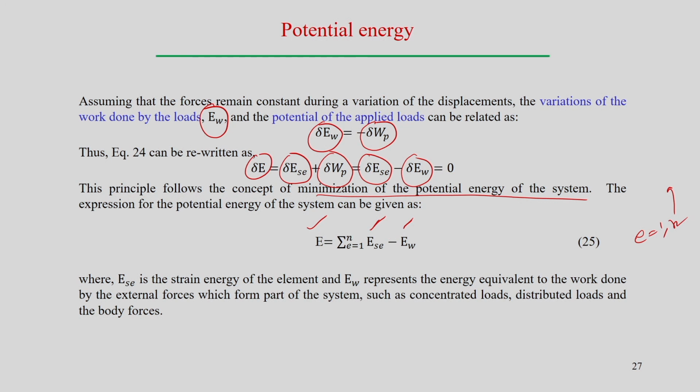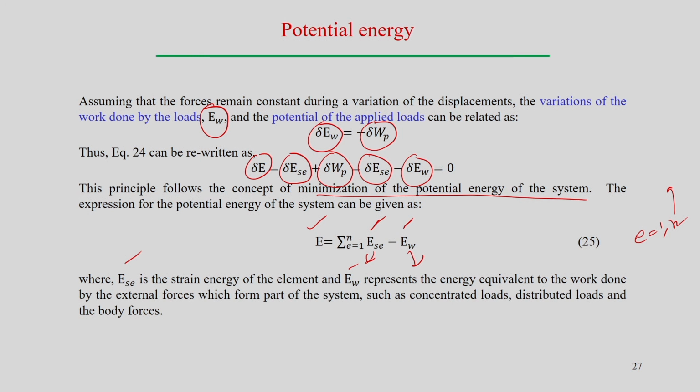ES is the strain energy of a particular element, and EW represents the energy equivalent to the work done by the external forces. And remember, in all these cases we are assuming everything is within the elastic zone, so deformation follows the elastic behavior and does not go beyond the elastic domain.